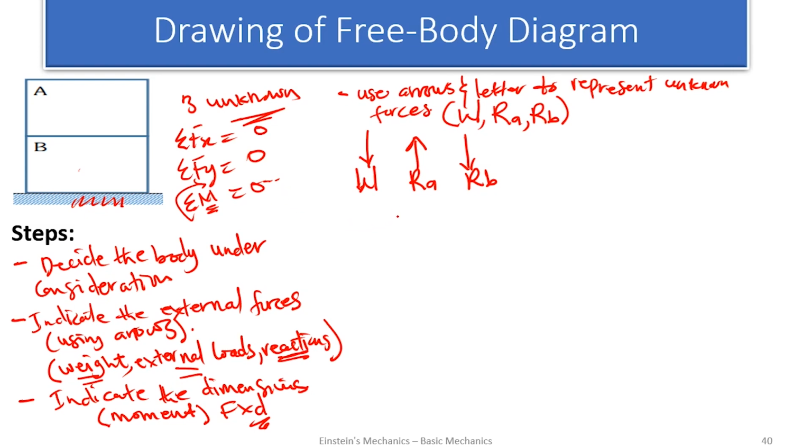So let's look at the fifth point. What do we do again? Now, if during analysis the magnitude of an unknown force turns out to be negative, the negative sign indicates that you have chosen the opposite sense. For example, if I make my calculations and I see that my reaction at A is a negative, let's say 10 Newton force, meaning the direction shouldn't be this, it should rather come down.